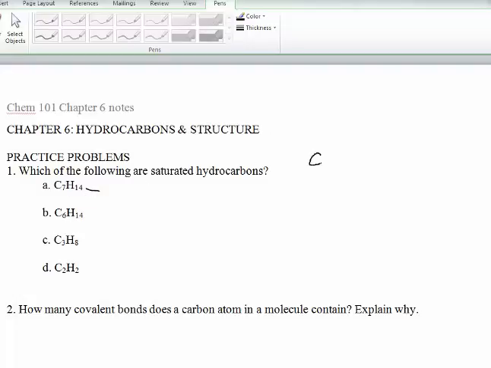Remember that we want to have CnH2n+2. So if we start with 7 as n, 2 times 7 plus 2 equals 16. So that would be the hydrogen count if this were a saturated hydrocarbon. Right? 16 hydrogens. And we see here there are only 14 hydrogens, and so this one is called unsaturated.